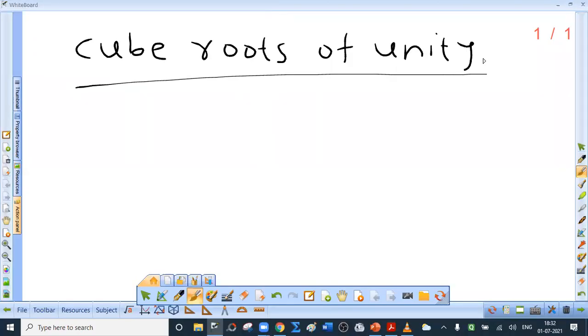Write down, give the title cube roots of unity. In that, write down cube roots of unity, that is roots of the equation x cube equal to 1.